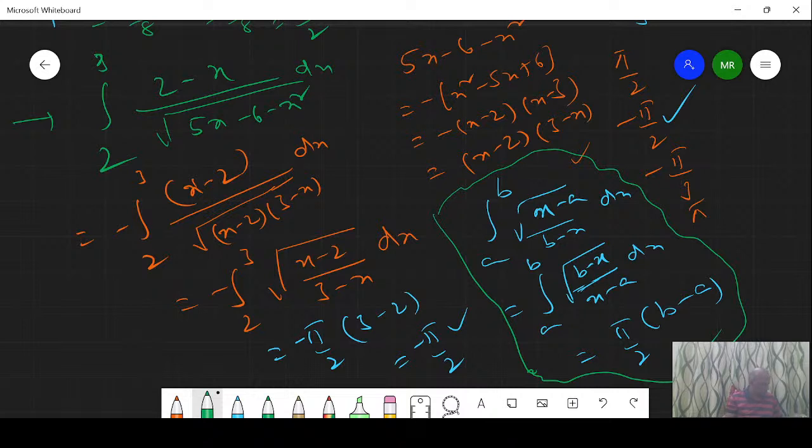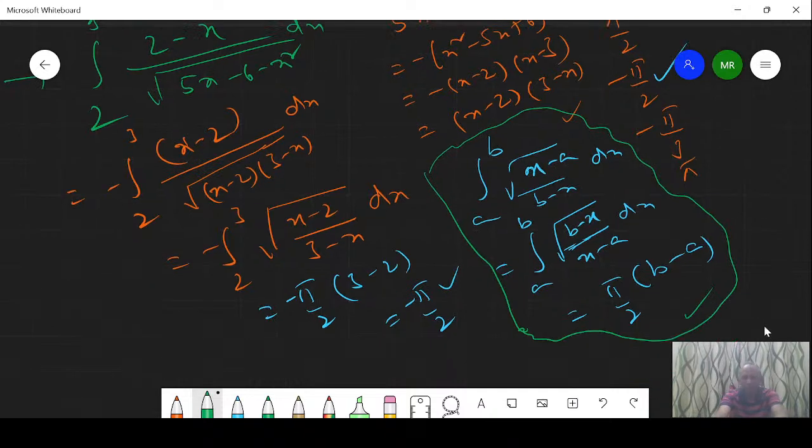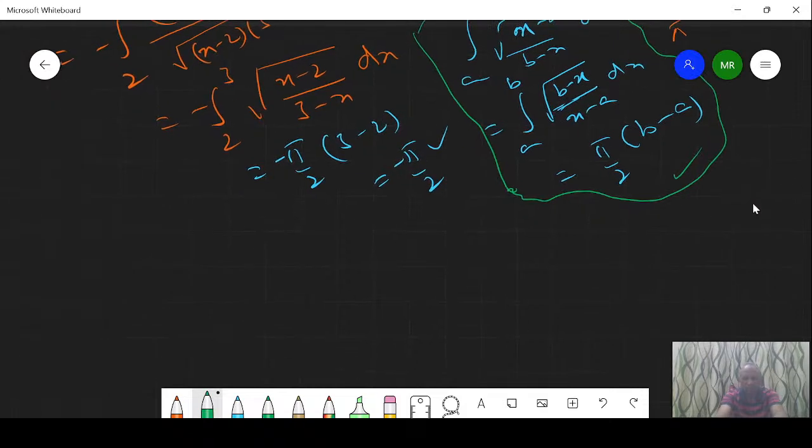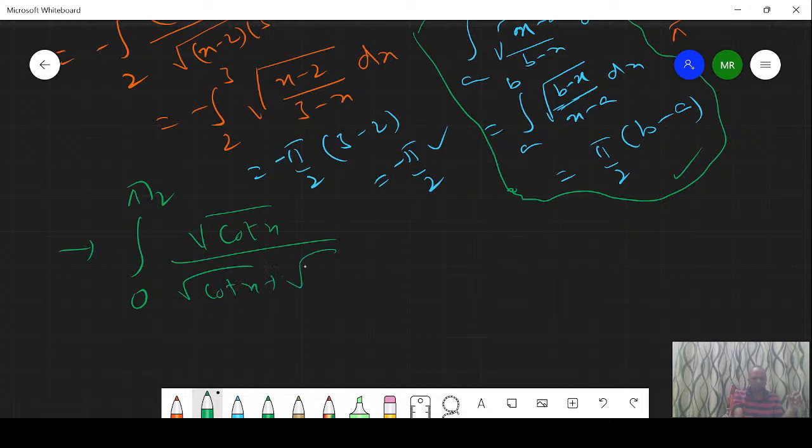The concept of this integral: integral 0 to pi by 2 of root cot x by root cot x plus root tan x dx.